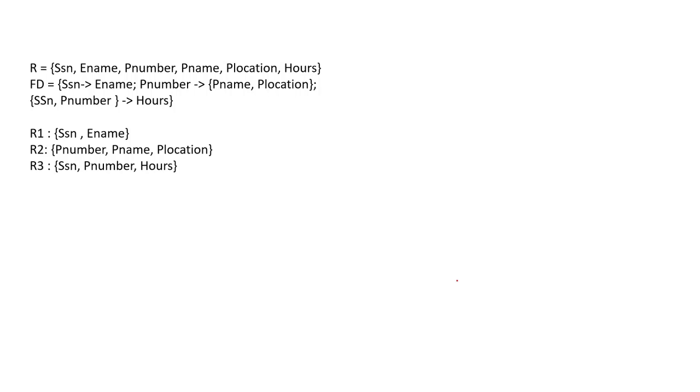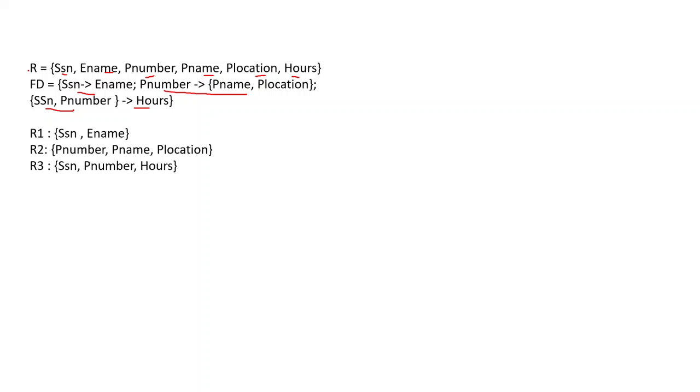Say we have a relation R which is composed of SSN, ename, pnumber, pname, plocation and Rs, and we have the functional dependencies of the original relation R as: SSN gives ename, pnumber gives pname and plocation, and SSN and pnumber together give Rs.